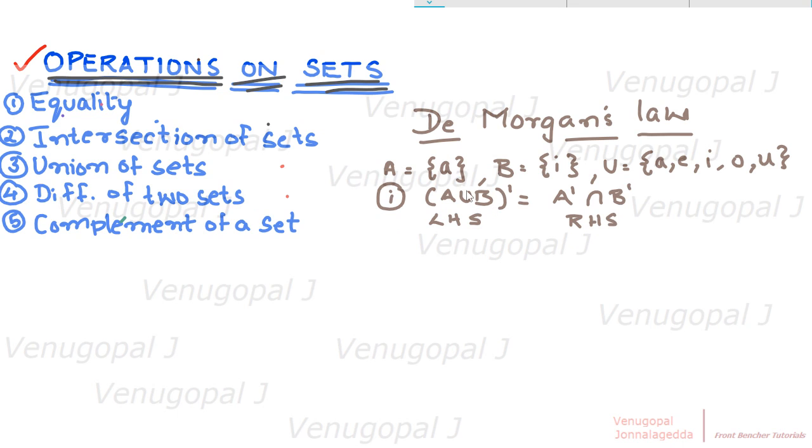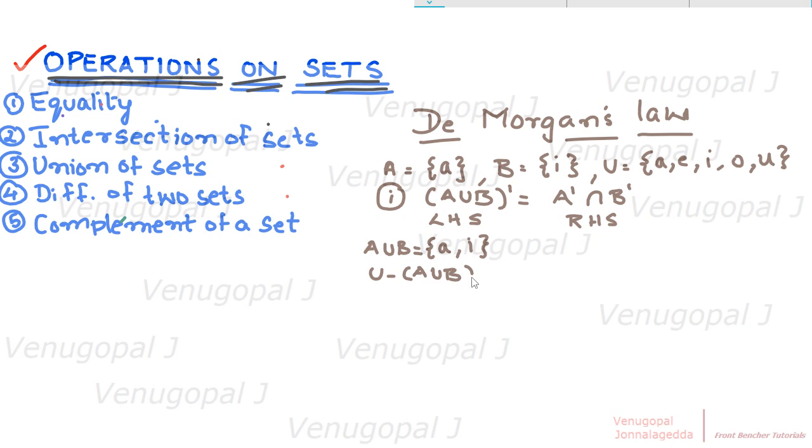So A union B is, so we are actually finding out, I'm directly writing A union B as a set which is A and I. Okay, A union B is A and I, and now complement of this is basically I am subtracting from the universal set.